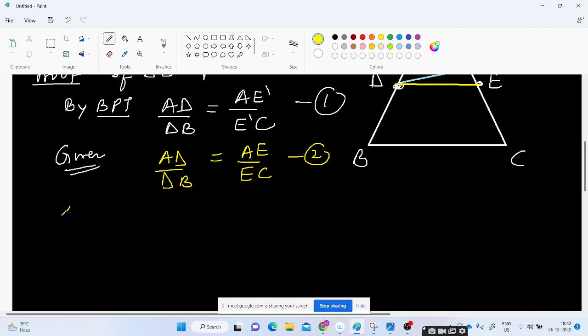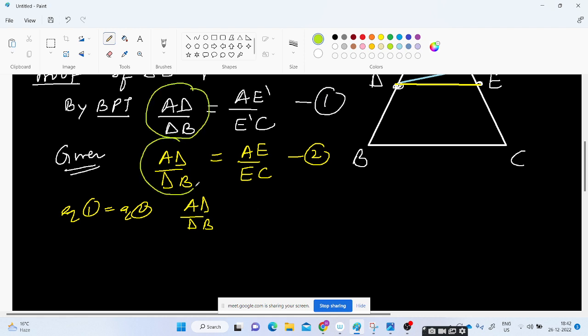So now both equation 1 and equation 2 are equal to AD upon DB, so we can equate them. So if we equate them, what we are getting, AE dash upon E dash C is equals to AE upon EC.